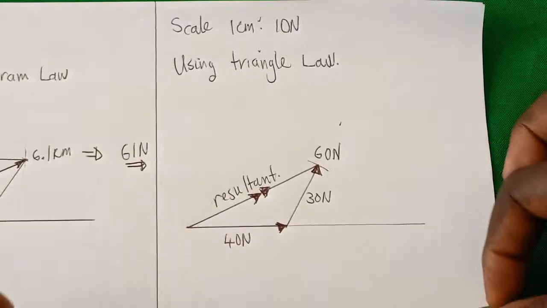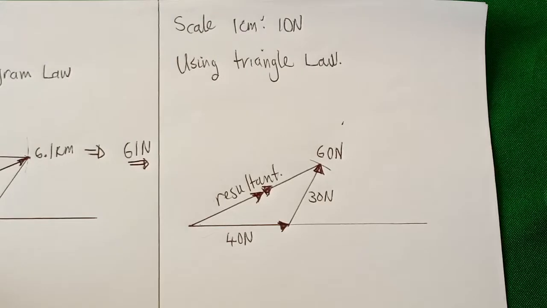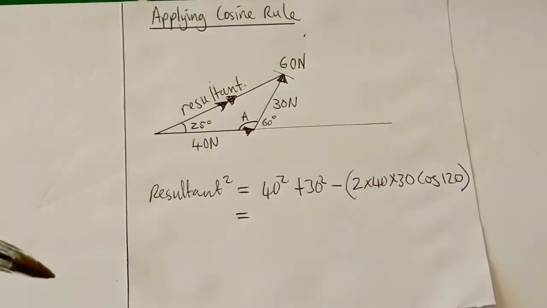Right, so we are saying that we need to have the vectors drawn head to tail on the triangle law, and then tail to tail on the parallelogram law. Now we want to verify using the cosine rule.